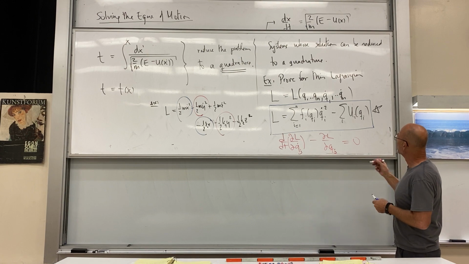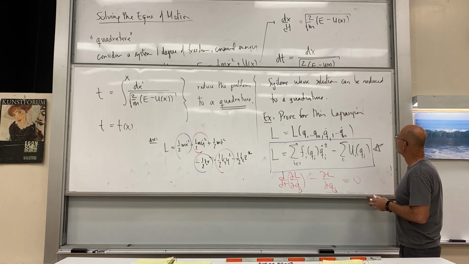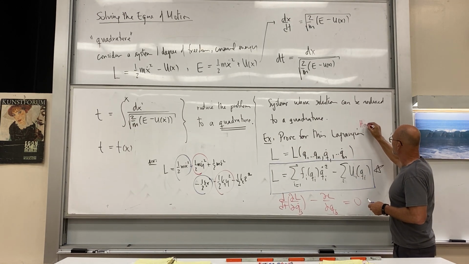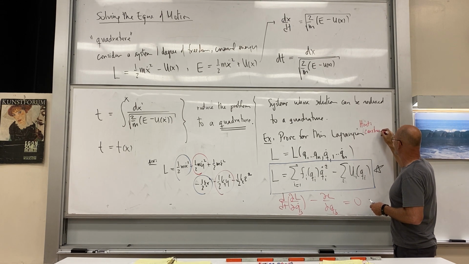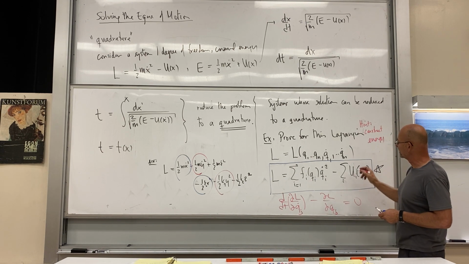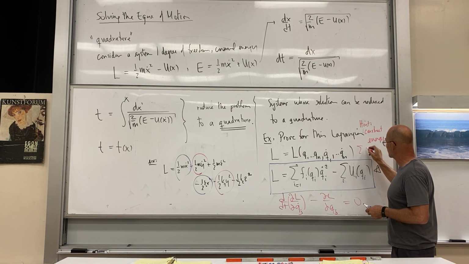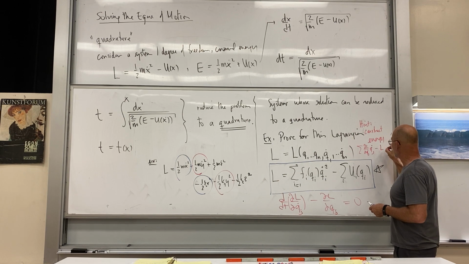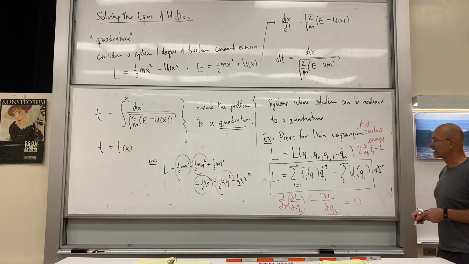And maybe I'll even give a hint for this problem. Hint: construct the energy. And when I say construct the energy, construct the sum over j of partial L partial q sub j dot times q sub j dot, minus L. And see what happens when you do that.